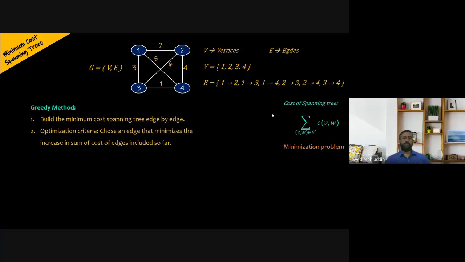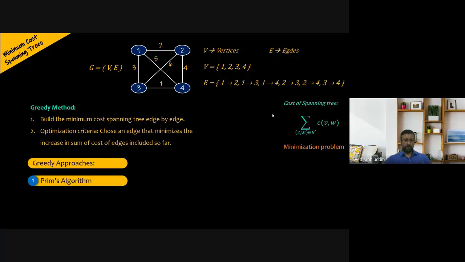So this is the greedy approach. Now there are two algorithms we can use. One is known as Prim's algorithm, and the other is known as Kruskal's algorithm. To find a minimum cost spanning tree, we can use either Prim's algorithm or Kruskal's algorithm. Both use the greedy method, but there is a difference in the two approaches.